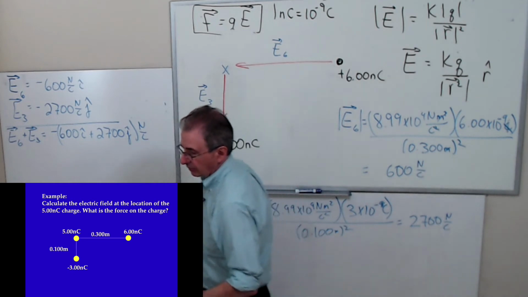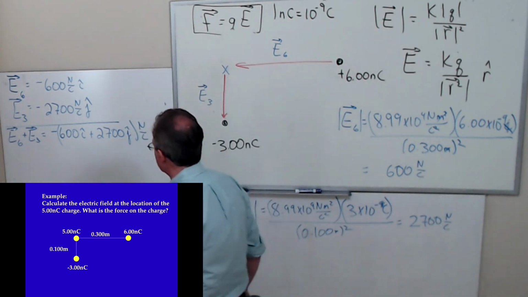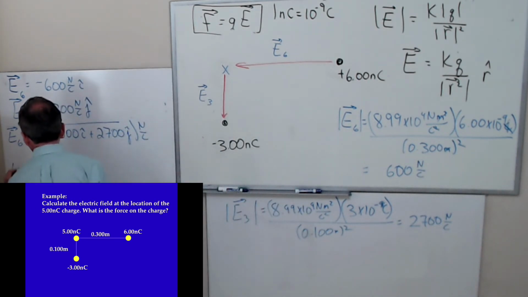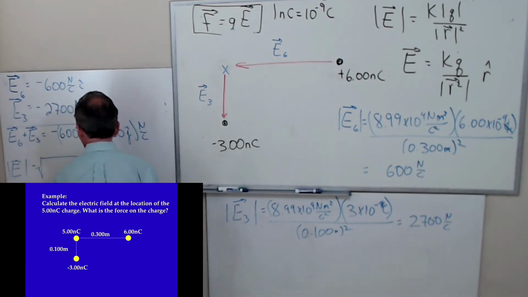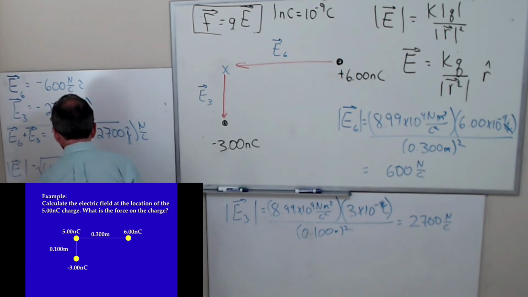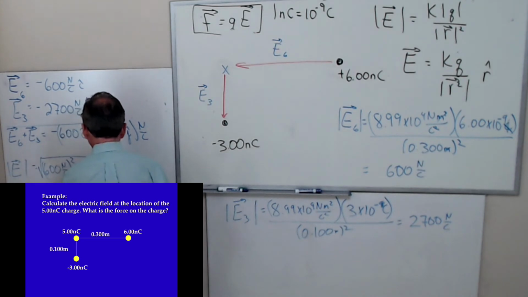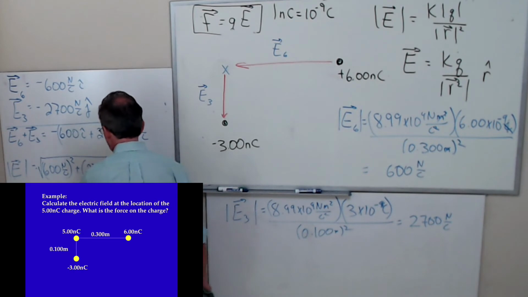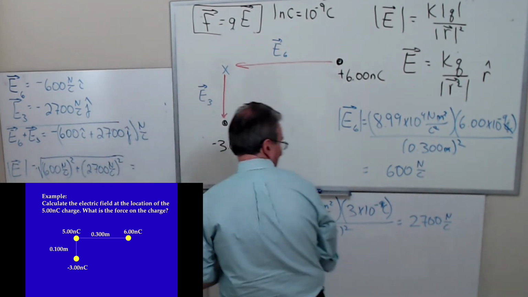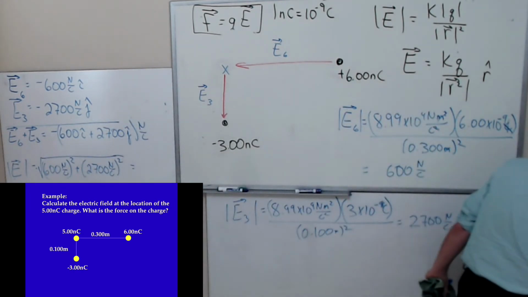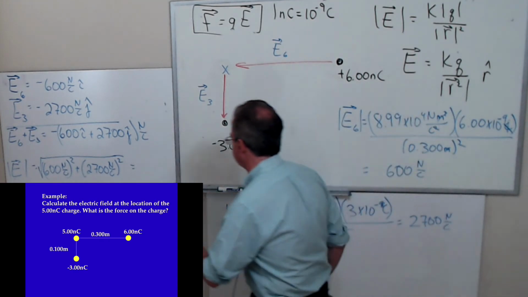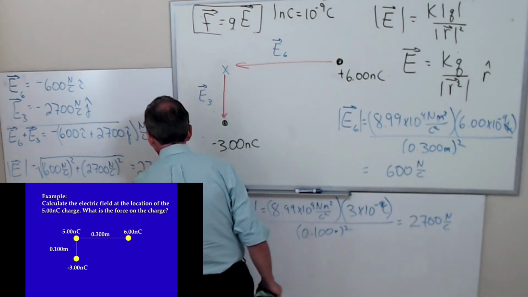Then I use the Pythagorean Theorem to get the magnitude. I didn't put the minus sign in because when you square a minus sign, you get a positive sign. You get 2770. That's the magnitude.